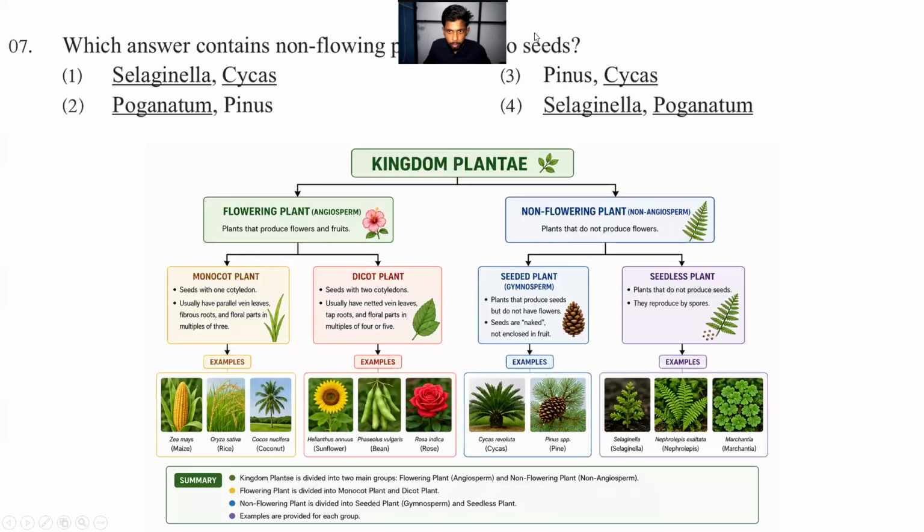Within 2 minutes, you want to write the names. Kingdom Plantae, flowering plant, and non-flowering plant. Those who don't have the PDF, those who don't have the hard copy with you, you can use paper and a pen, and you can draw this diagram, my dear. If you have the hard copy, within the hard copy itself, we can write the answer, right? Make it quick. Don't take more time.